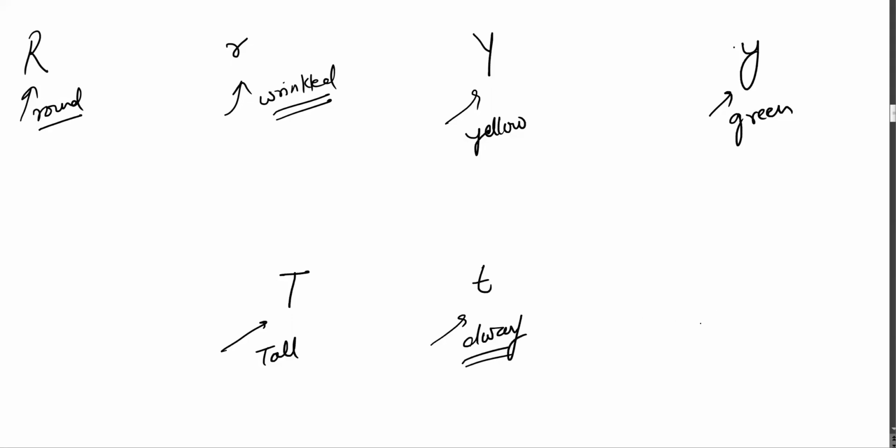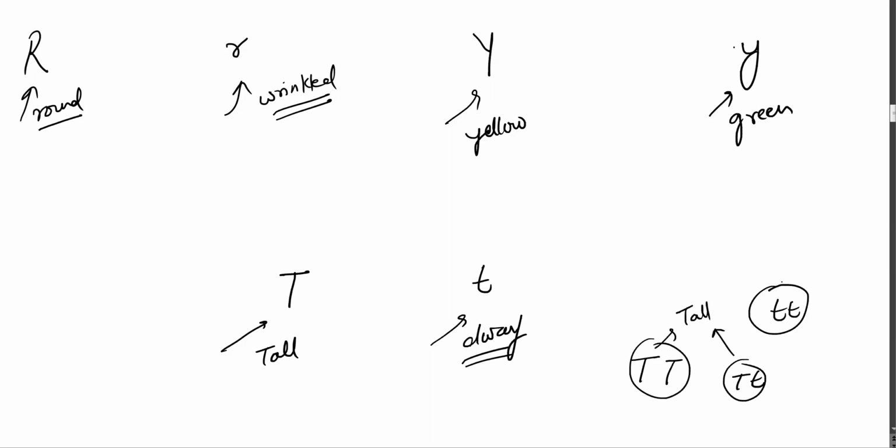Similarly, when we need a dwarf plant, we need both small t. And if we need a tall plant, we can have capital T or a small t. These two give you tall plants, and this gives you dwarf. You understood?